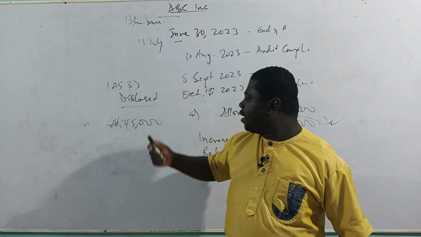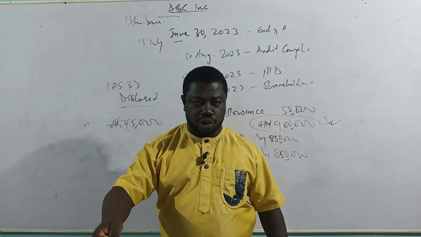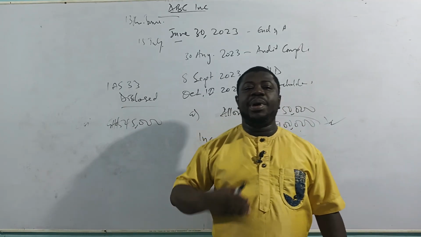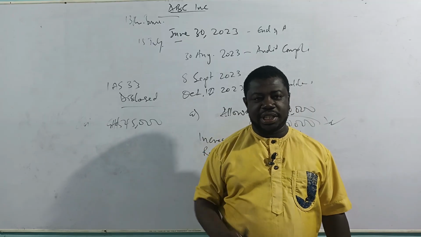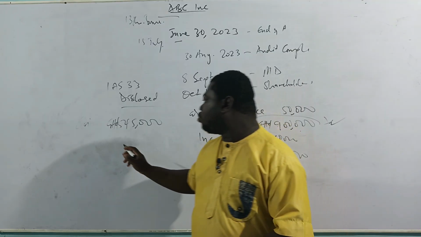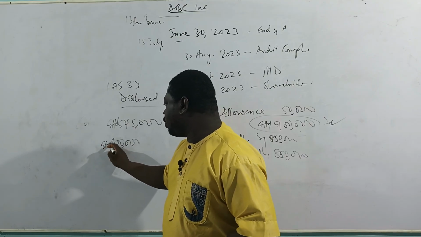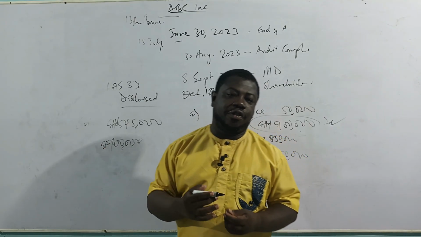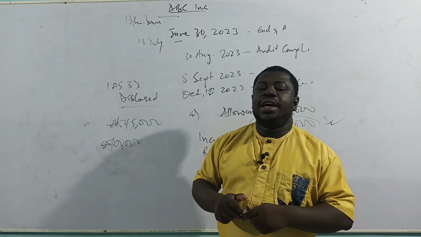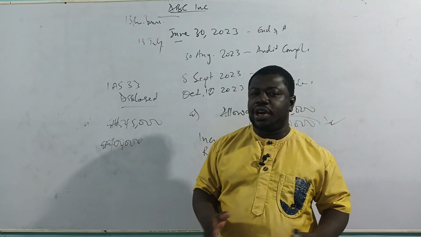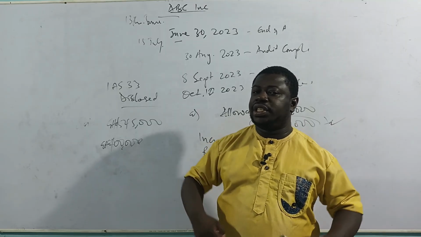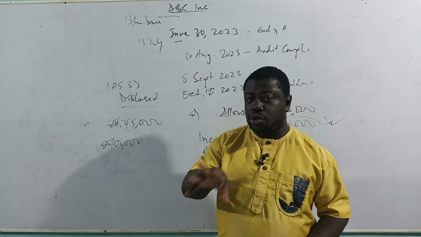And then, because this machine was insured, the company filed for a claim with the insurance company, trying to claim 400,000 Ghana cedis. You know, when you file a claim, insurance companies will not just give you the money. They will investigate what caused the fire.